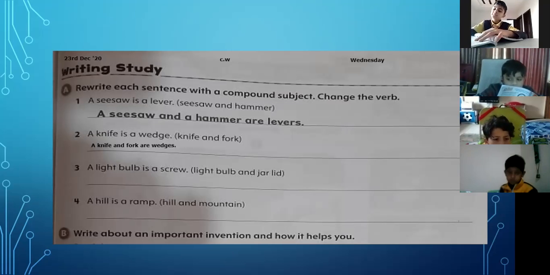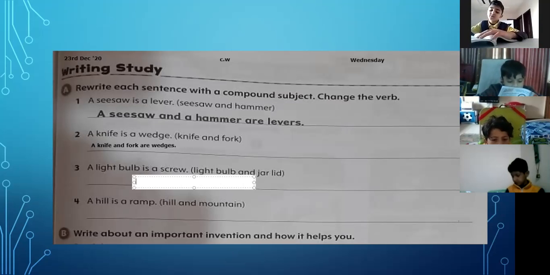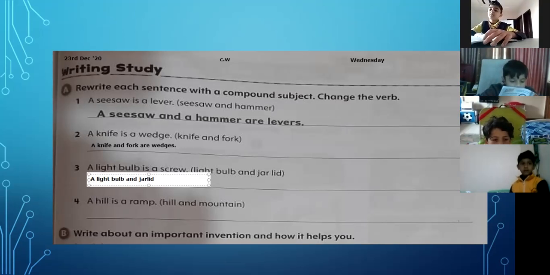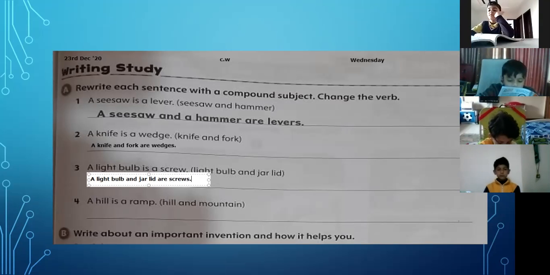It's not is anymore. Okay, so a light bulb and jar lid are screws.